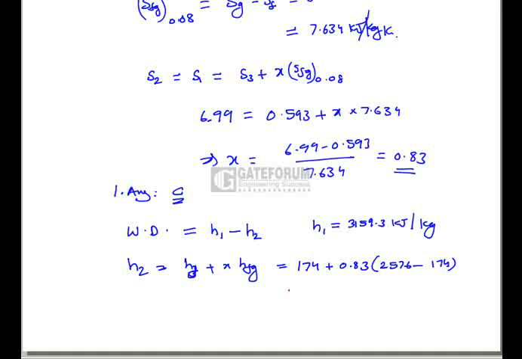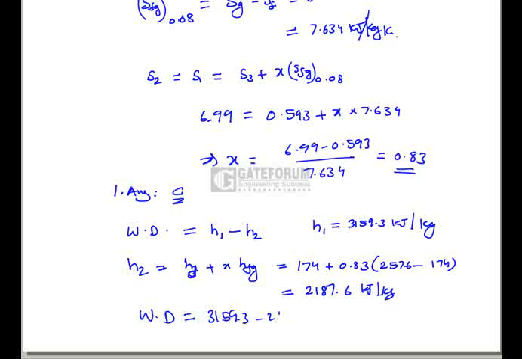So here this value is equal to 2187.6 kilojoule per kg.